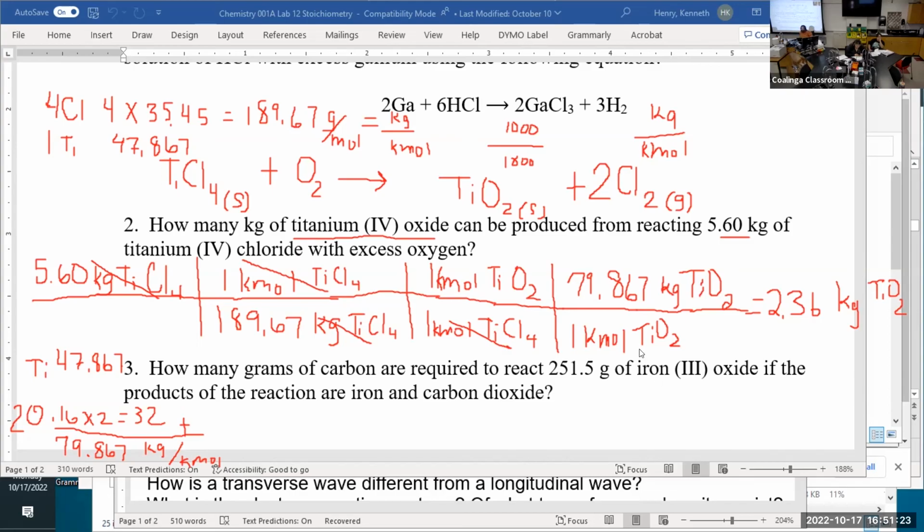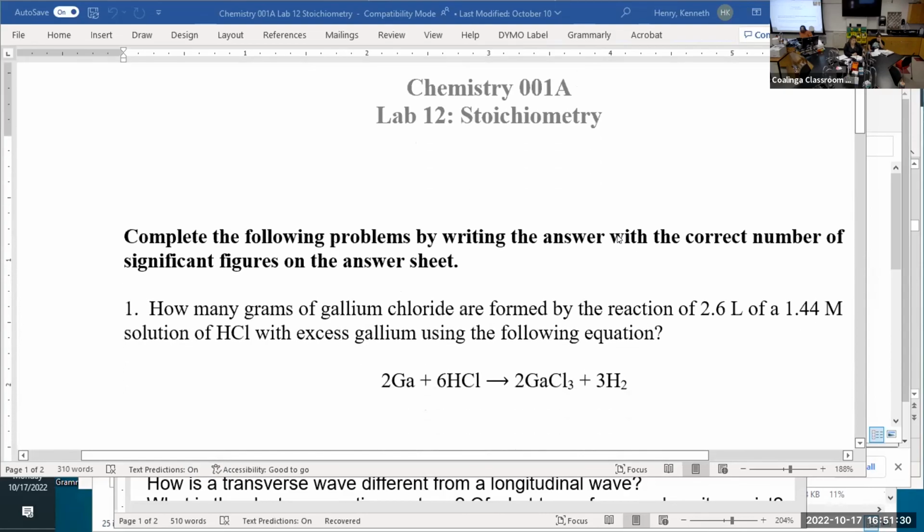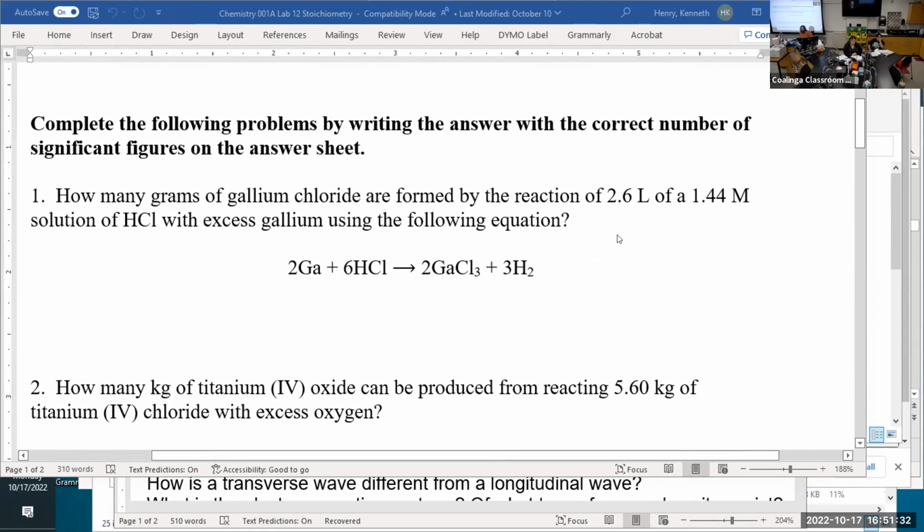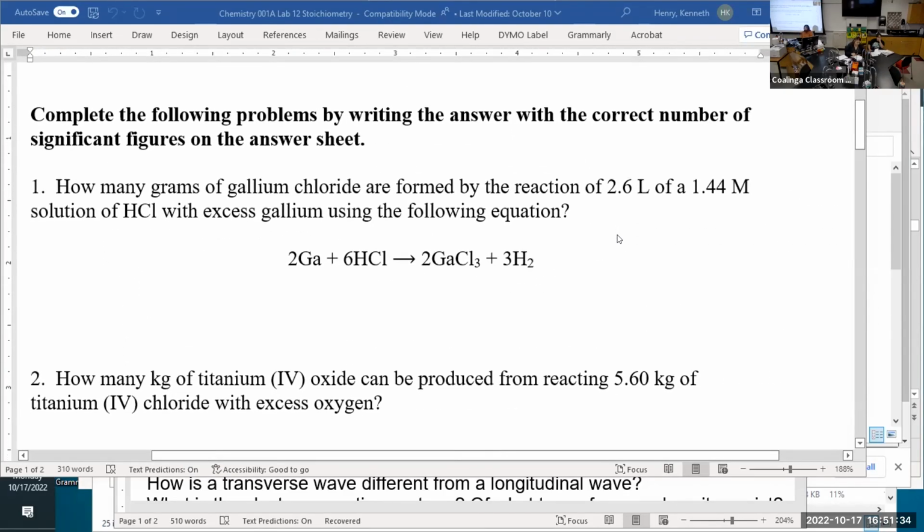Okay, I'm going to clear it, and then we're going to take a look at question number one. Then I want you guys to walk me through it. Question number one is a little different. It applies to molarity, and we know that the units for molarity are moles per liter, right?